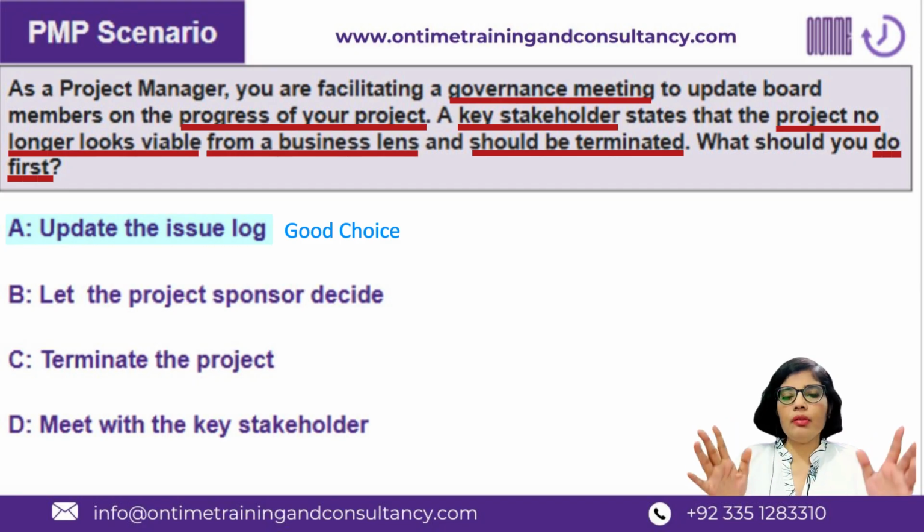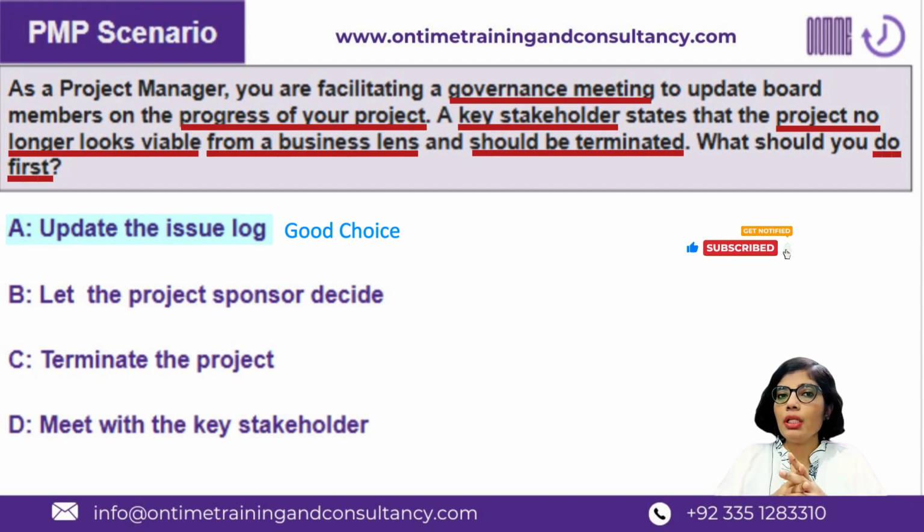Yes, his viewpoint matters, but it's going to be verified and validated as per the process. Just because one person is saying it, and that person is powerful and influential, it doesn't warrant that you right away proceed with the termination and closure activities of the project. No.